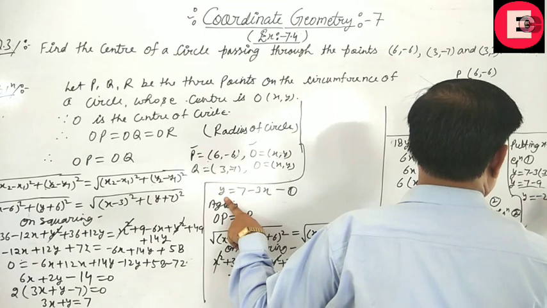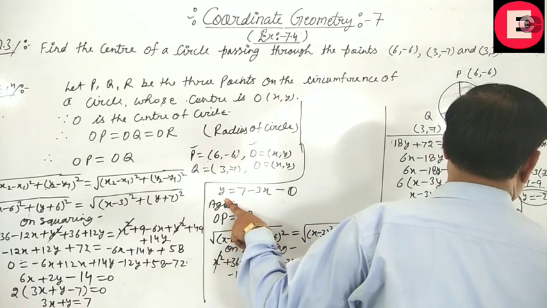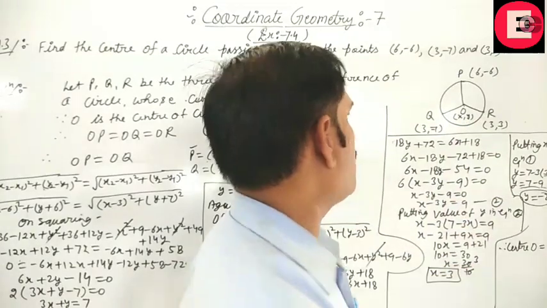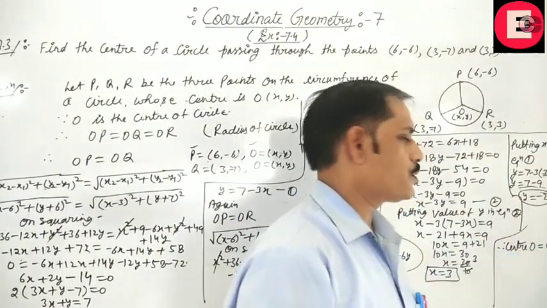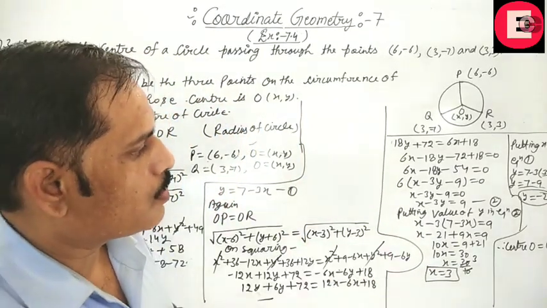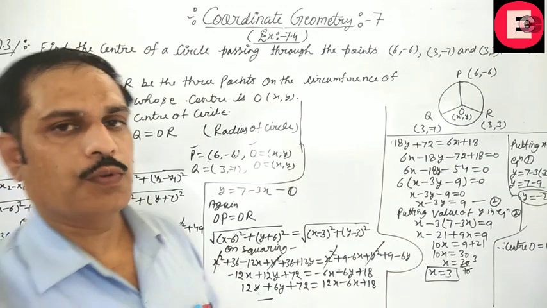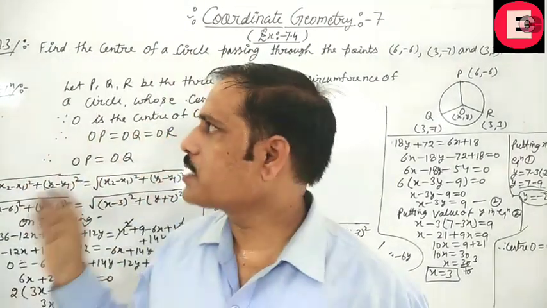Therefore, center O is equal to (3, -2). So this will be the center of the circle, (3, -2). And the solution of question number 3 is (3, -2).